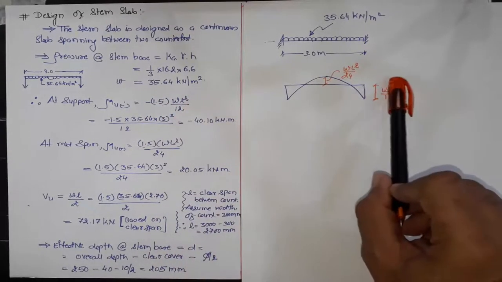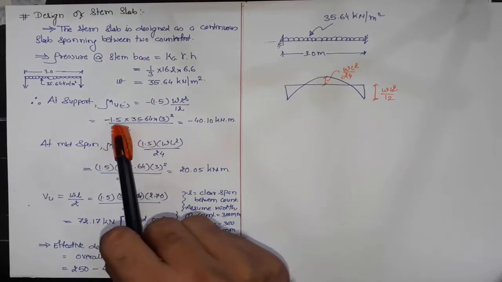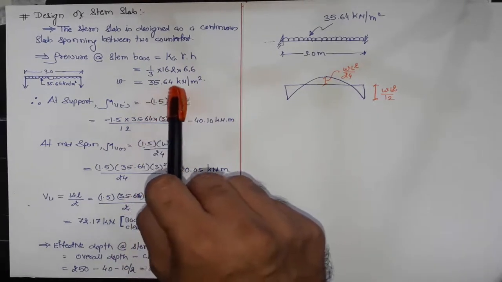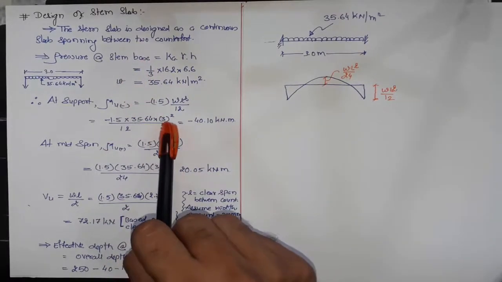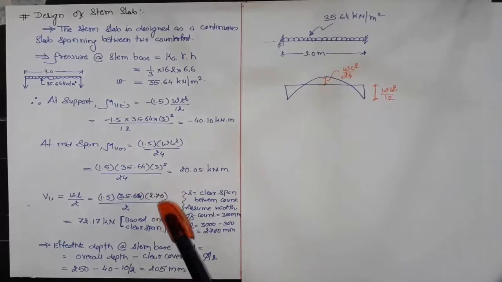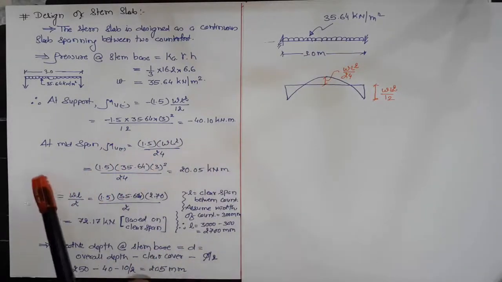It's the formula of bending moment at support. Therefore, 1.5 into 35.64, the pressure intensity of soil at stem base, into 3 square, where 3 is the center to center distance between the counterfort. This comes out to be 40.10 kilonewton meter.